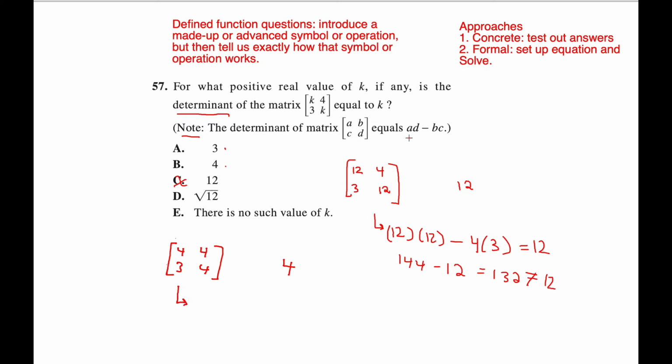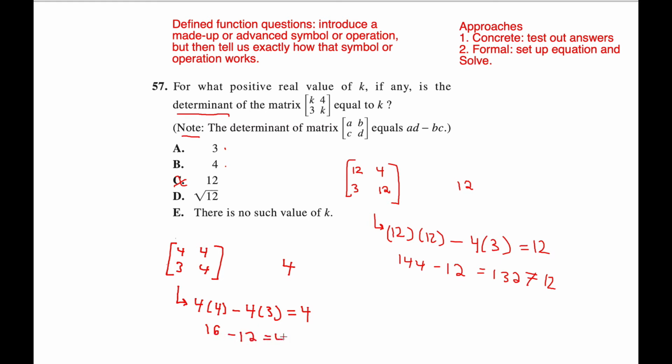So the determinant, once again, was this times this, which in this case is 4 times 4. And then we're going to subtract the b times c, which in this case is 4 times 3. And we are hoping that that gives us our value of 4. When we do 4 times 4, that's 16. 4 times 3 is 12.